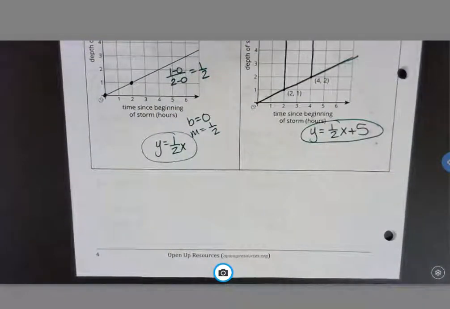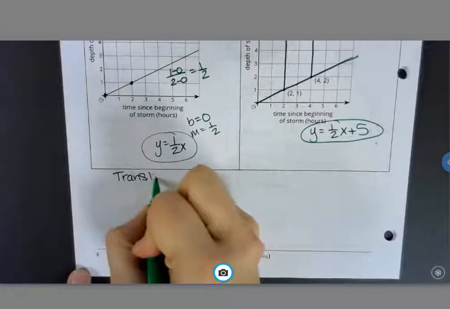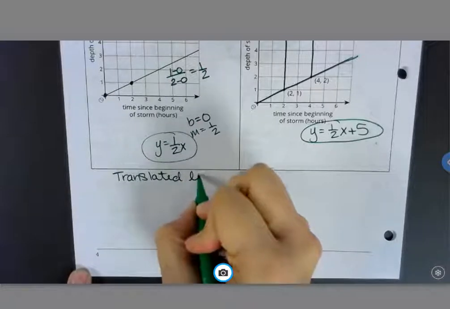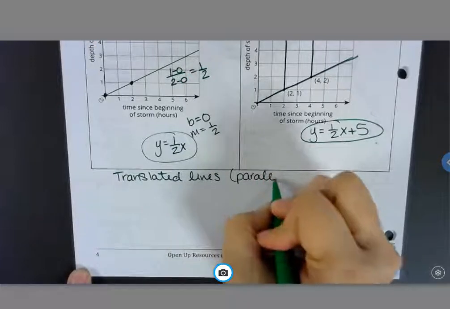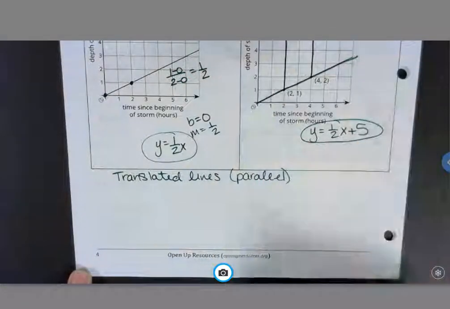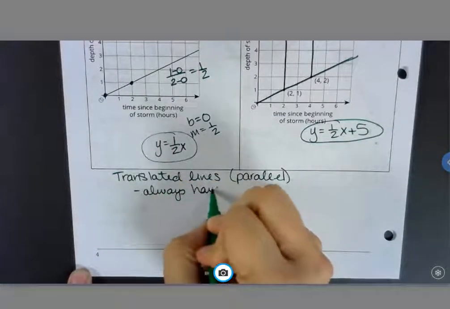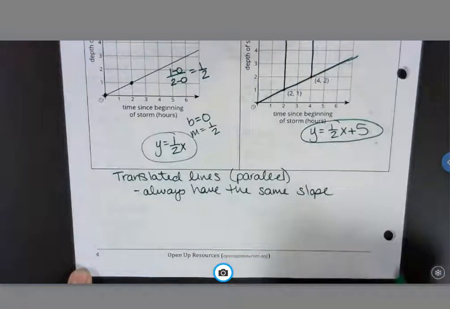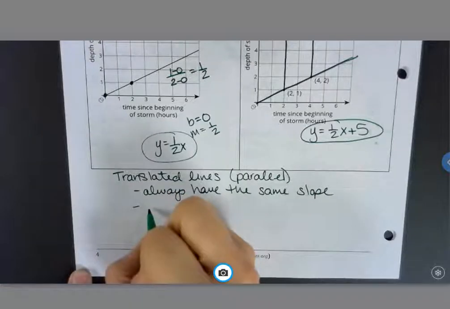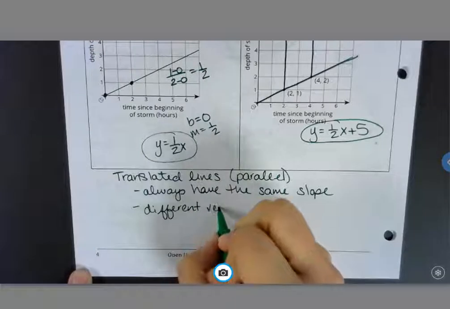Now there's a few key takeaways, and notice we don't have any fill in the blanks here, but we are going to write a few things down. So for translated lines, remember they're going to be parallel, but they will always have the same slope, but they will always have different vertical intercepts.